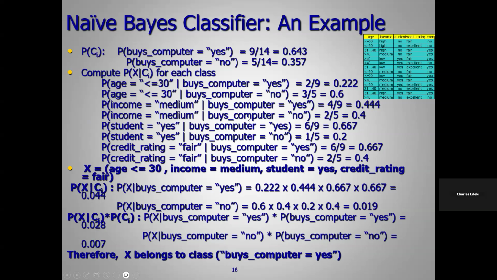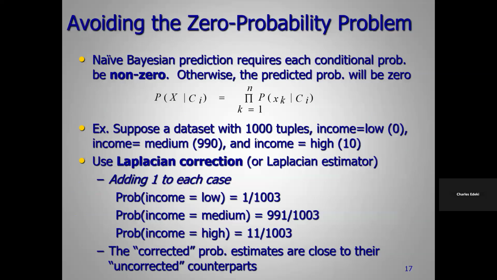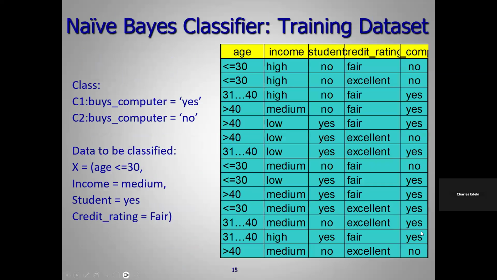So first of all, why do we use 9 here? We have to count 1, 2, 3, 4, 5, 6, 7. I have to look at the age. I'm counting the no and yes.